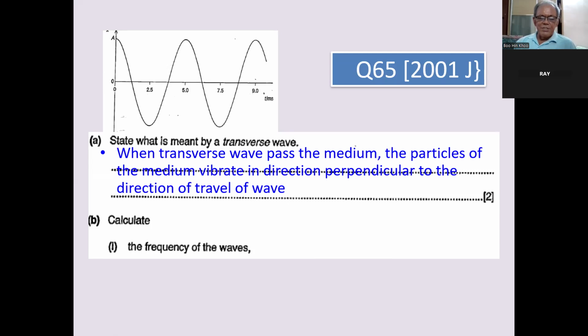Either you can describe in terms of energy or you can say transverse wave: when a transverse wave passes through a medium, the particles of the medium vibrate in a direction perpendicular to the direction of travel of the wave. So it goes up and down.